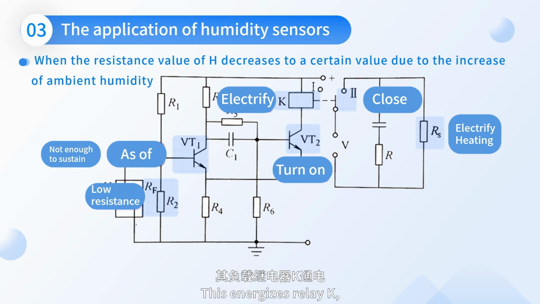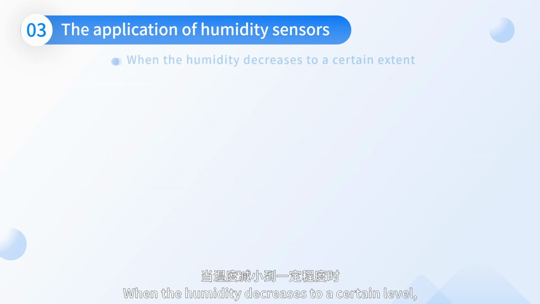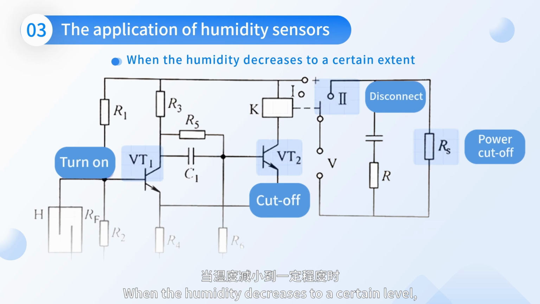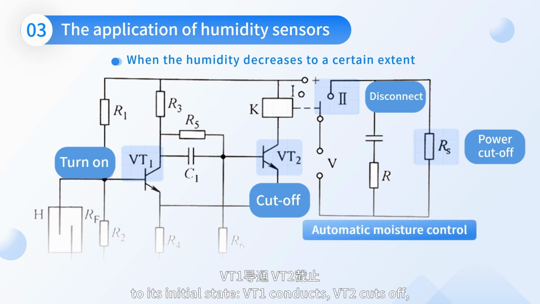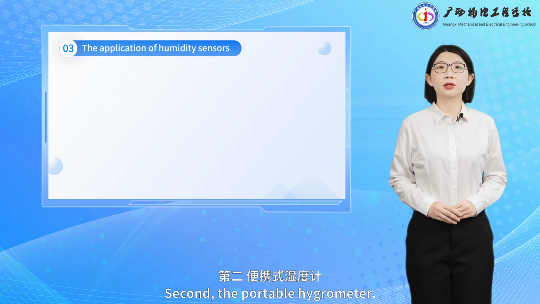This energizes relay K, closing normally open contact 2, and energizing heating resistor RS to dissipate moisture. When the humidity decreases to a certain level, the Schmidt circuit reverses back to its initial state, VT1 conducts, VT2 cuts off, normally open contact 2 opens, RS is de-energized, heating stops, thus achieving automatic moisture control.